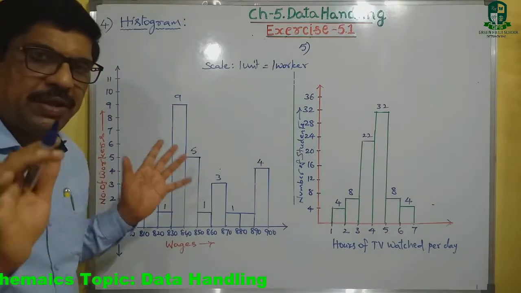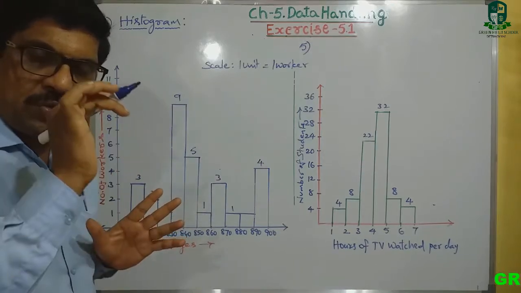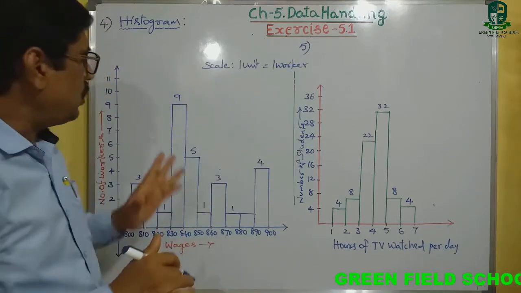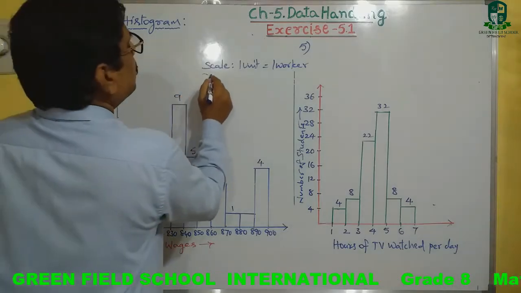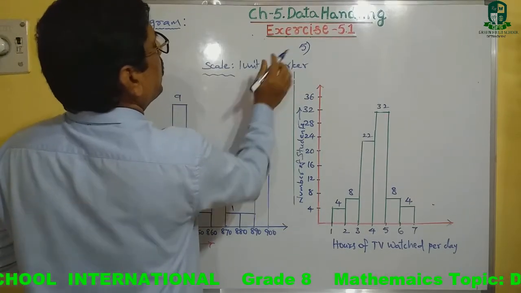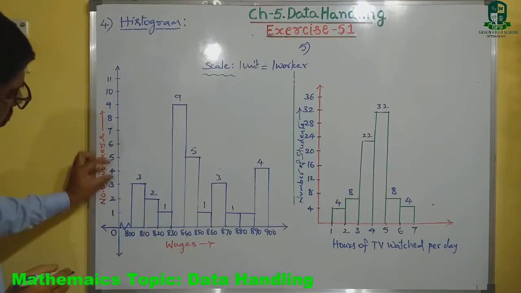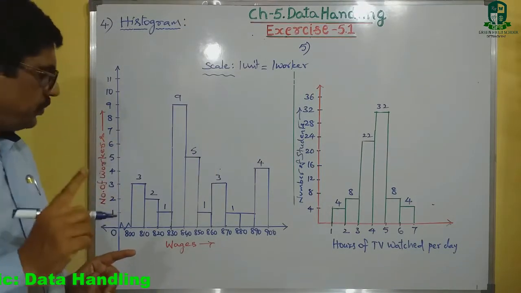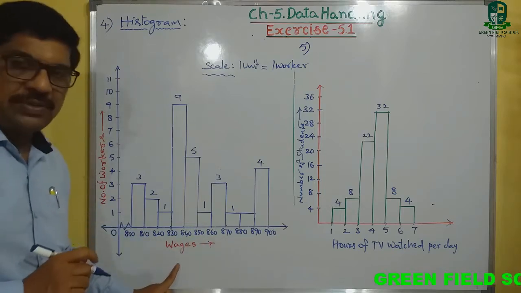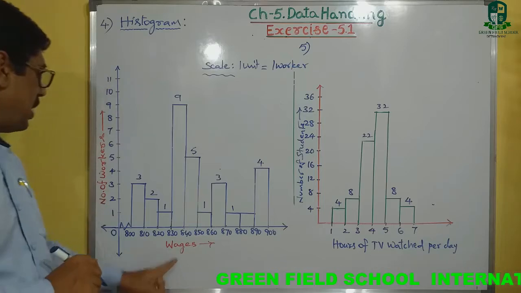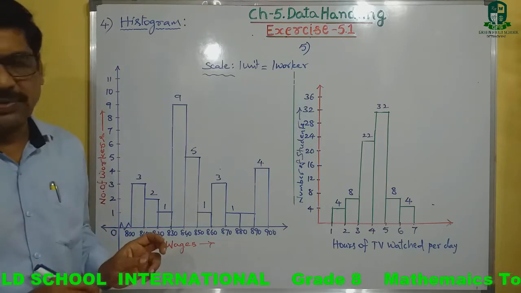We have prepared the frequency distribution for the third problem already, and for that table we have drawn the histogram also. We must write the scale. You should not forget, this is very important. Here we have taken 1 unit as 1 worker. On the x-axis we have taken the wages of the workers, and on the y-axis the number of workers.